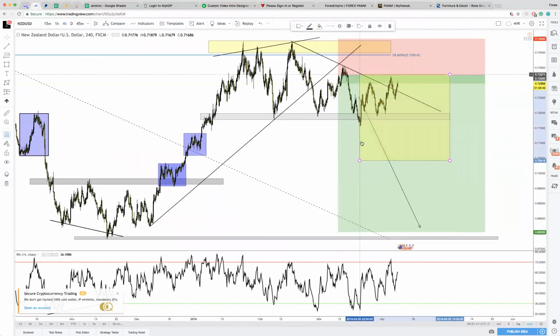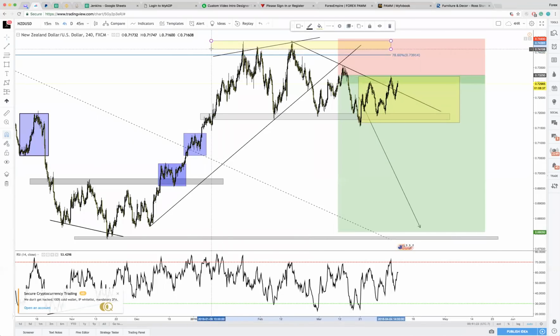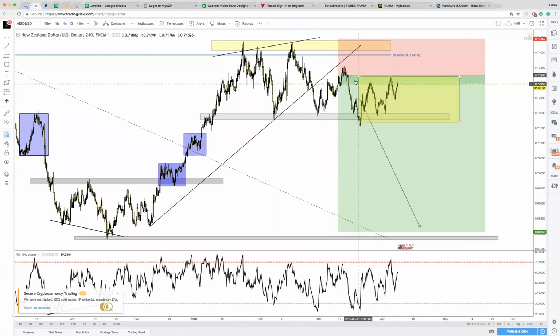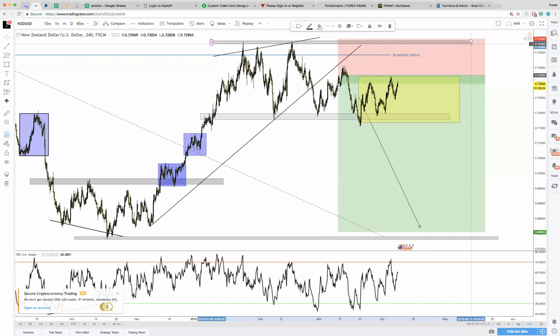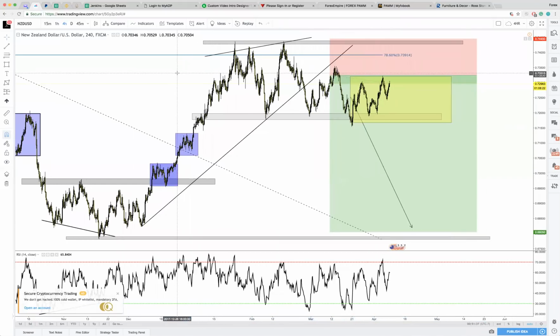But as we can see, the breakout did happen here. That's going to be the level 1 consolidation. So let's wait and see how it plays out, whether it gets respected or not. But here is a nice sell-off. All right, now NZD USD is good to go.